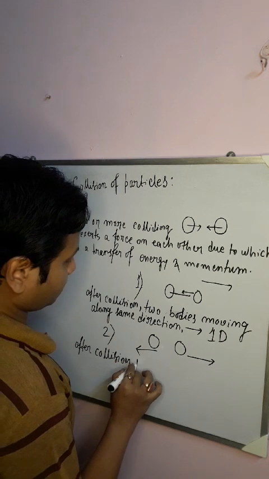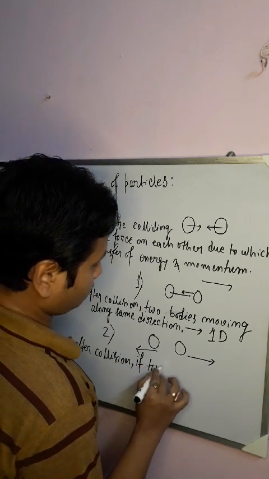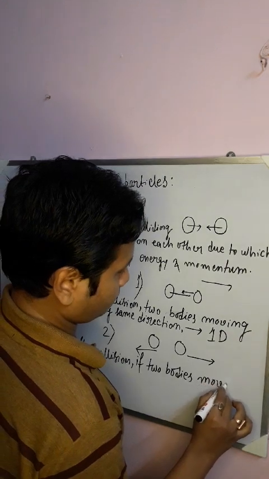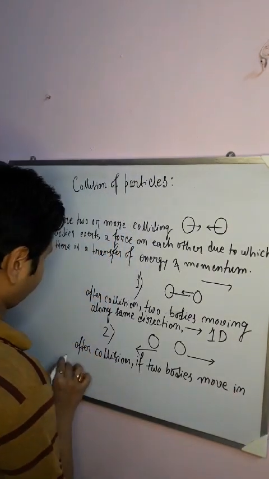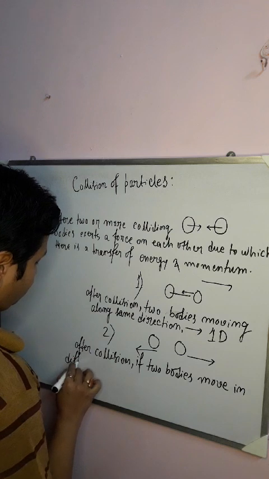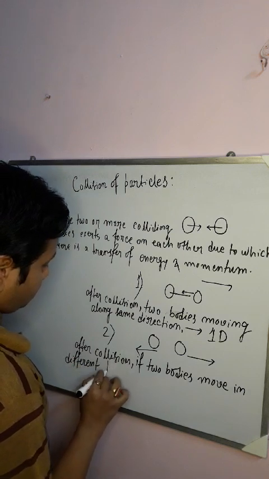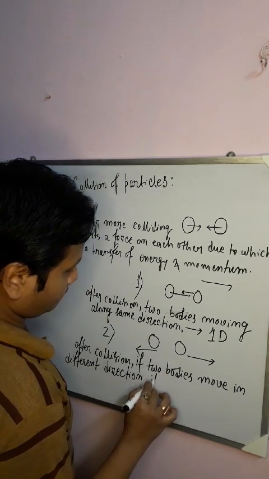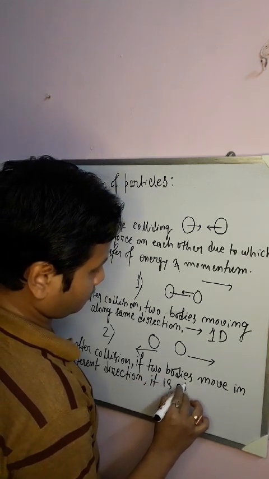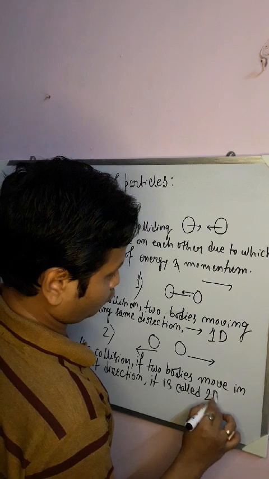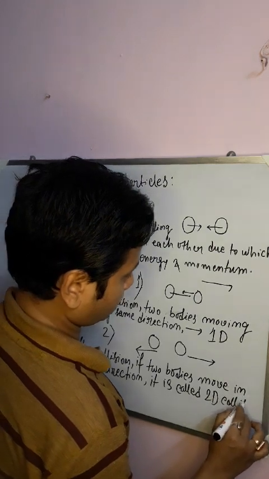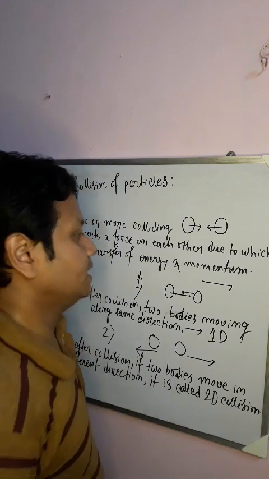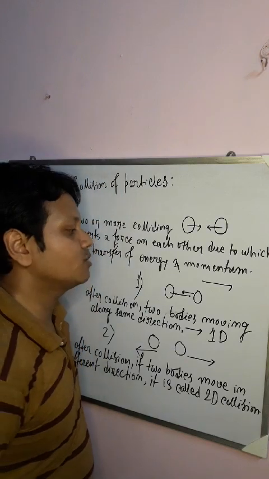After collision, if two bodies move in different directions, it is called 2D collision.